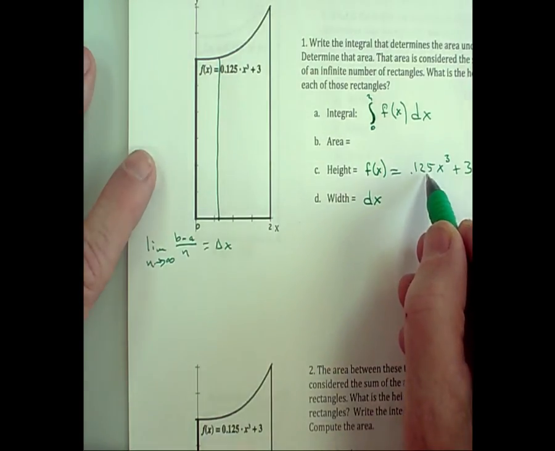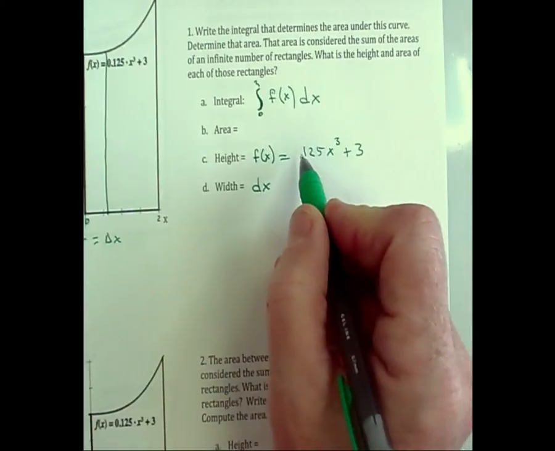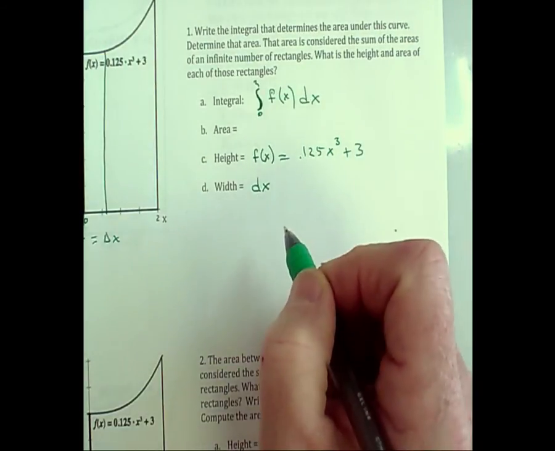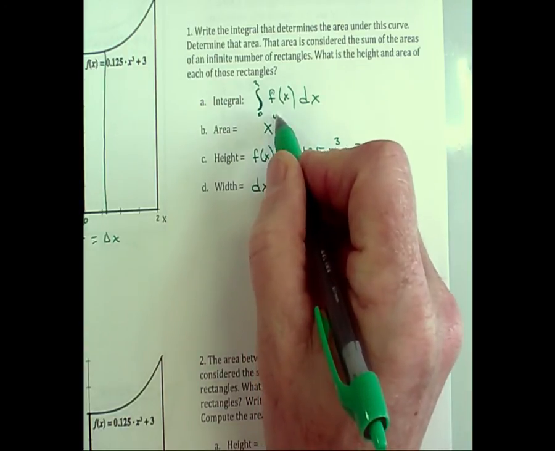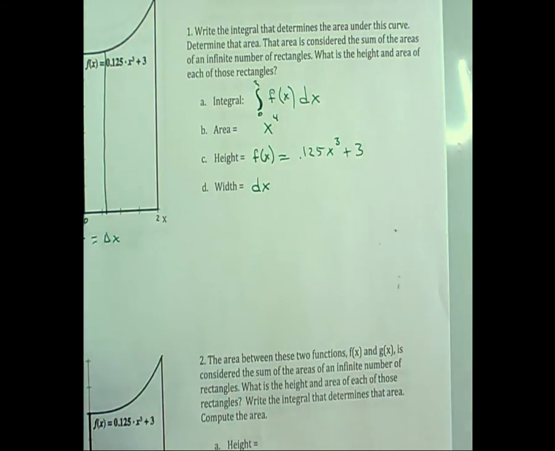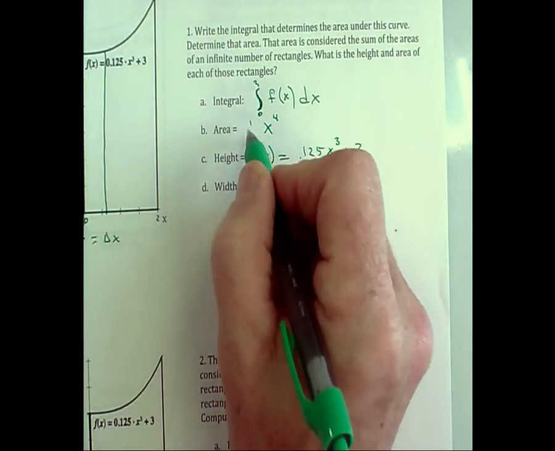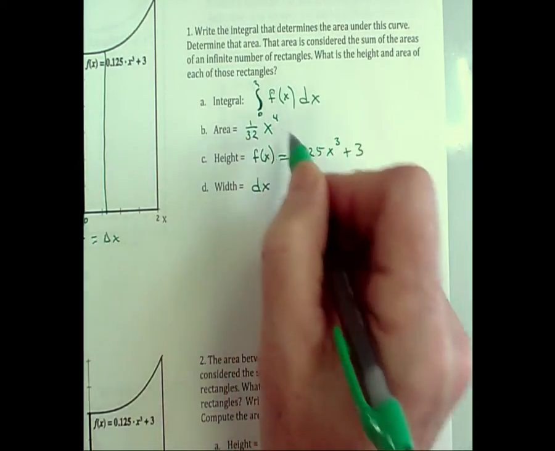Remember, this is 1/8. Makes it easier. X to what power? Fourth. So I got 1/8 times 1/4, correct? Are you okay with that? 1/32. A very popular measurement at Kruger Welding.